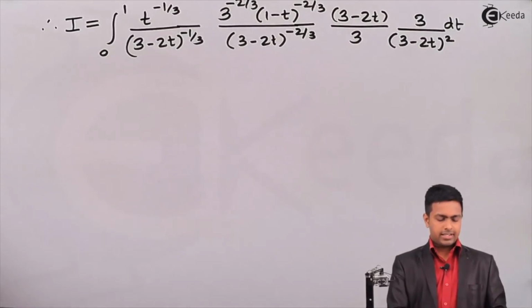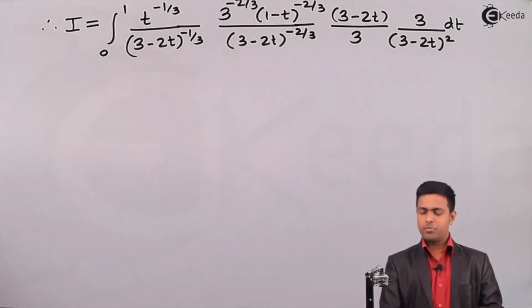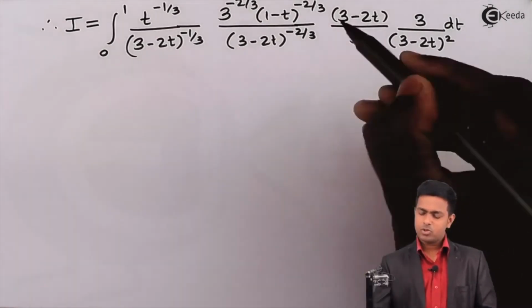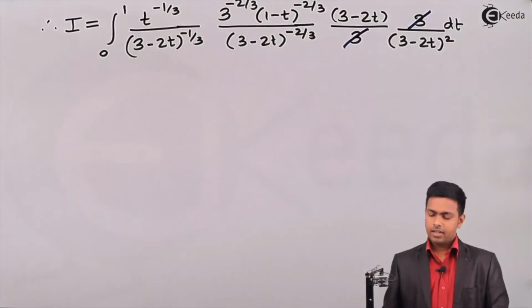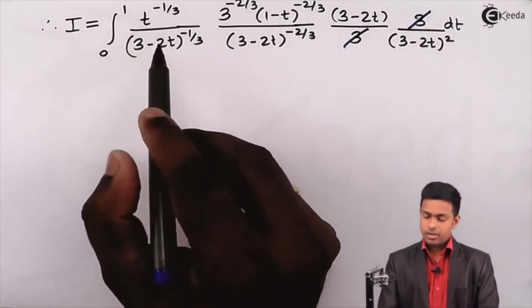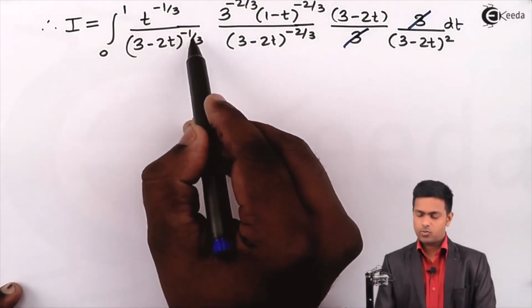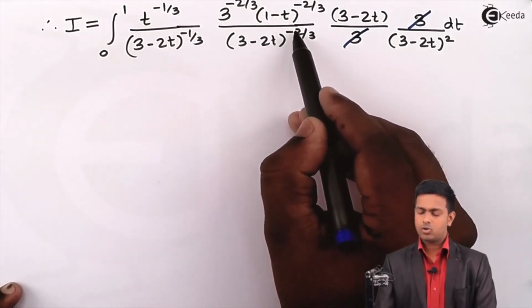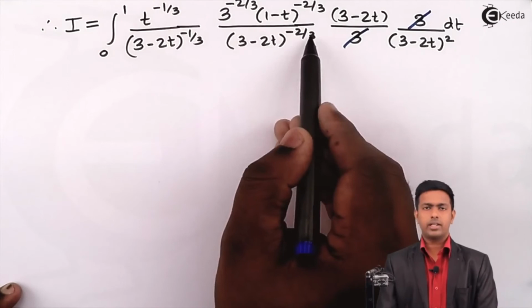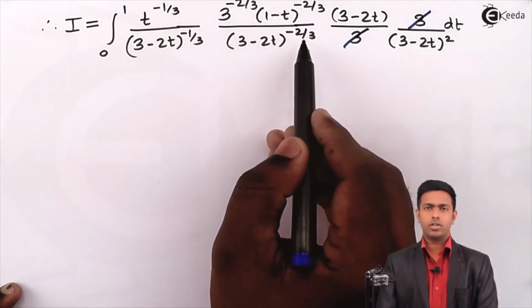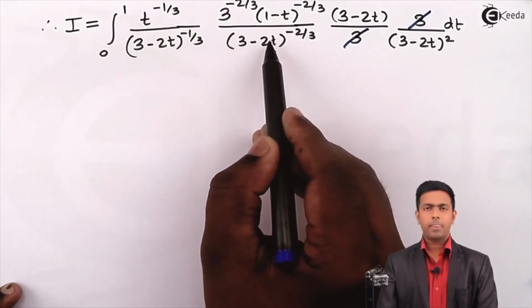Now let's cancel the terms from numerator and denominator which are same. So I can cancel this 3 with 3. Next guys, here 3 minus 2t raised to minus 1 upon 3 and raised to minus 2 upon 3 will come together and will become minus 3 upon 3, that is raised to minus 1.